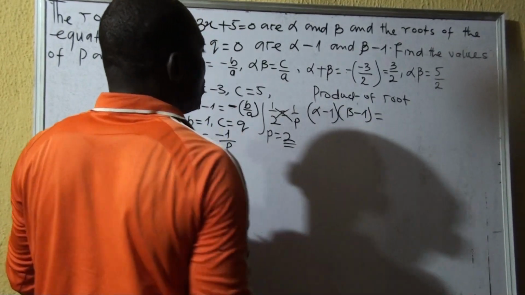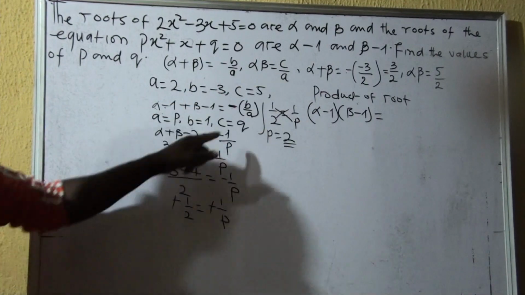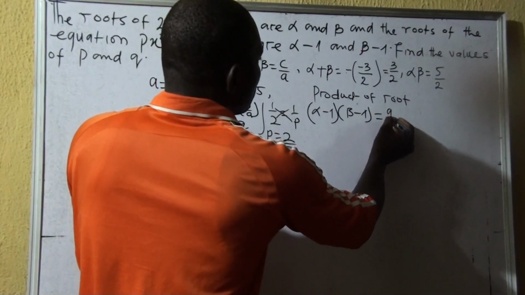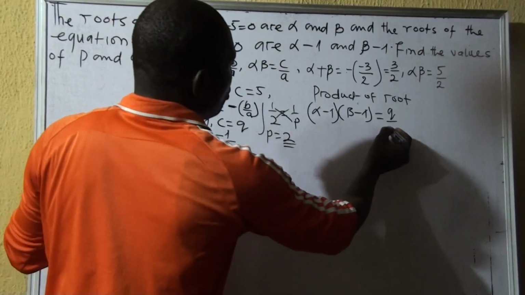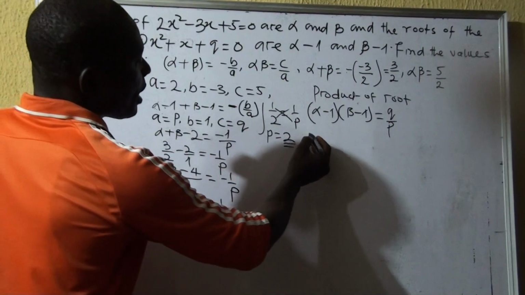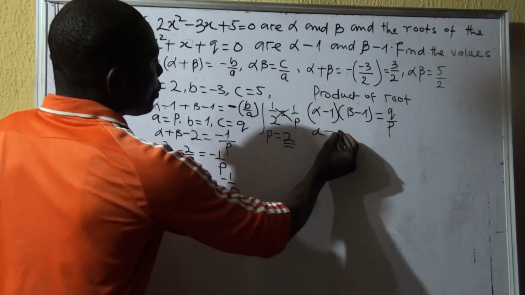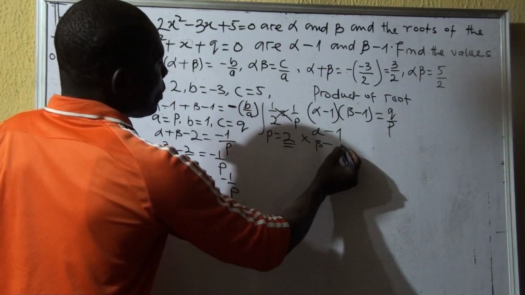The product of roots is c over a, where from the second equation c is q and a is p. Let's quickly expand alpha minus 1 times beta minus 1.